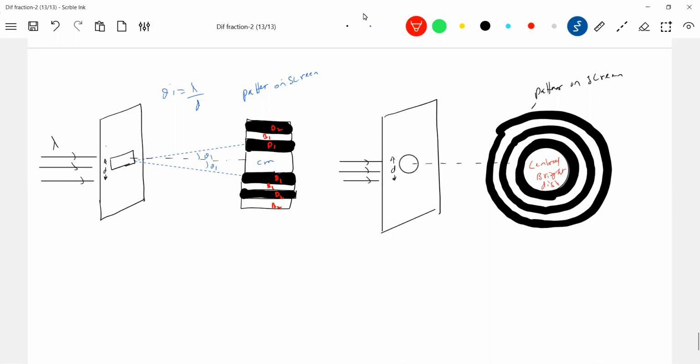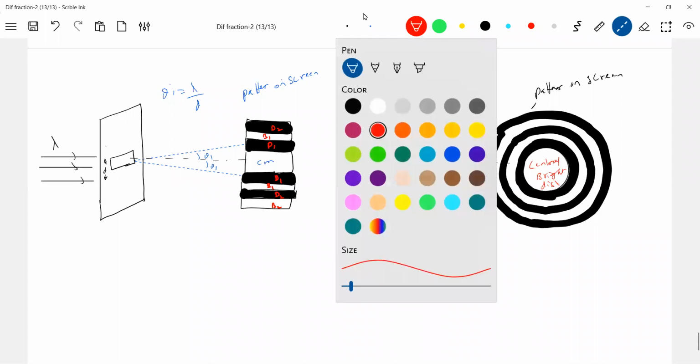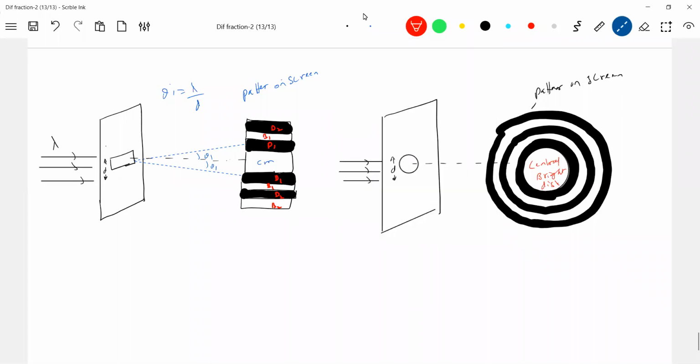So what is this theta? How to define theta here? In this case, what is theta 1? Theta 1 will be 1.22 lambda by d. In the resolving power of a telescope, that 1.22 will come. Why is it 1.22? Look here at the rectangular slit.